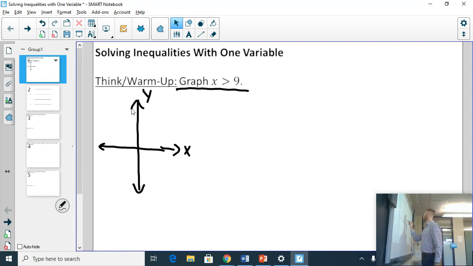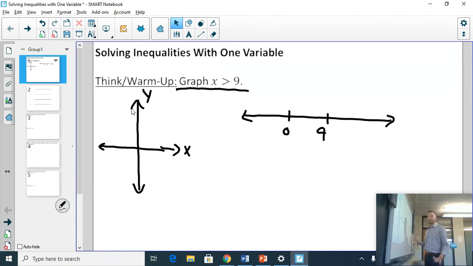I'm just thinking about a number line. So, maybe I'll put 0 here, maybe 9 somewhere up there. If I'm graphing that, it looks like that, right? You guys remember doing these number lines? That would be graphing x is greater than 9.